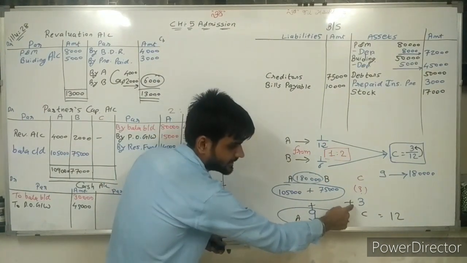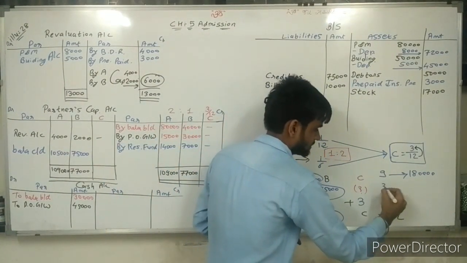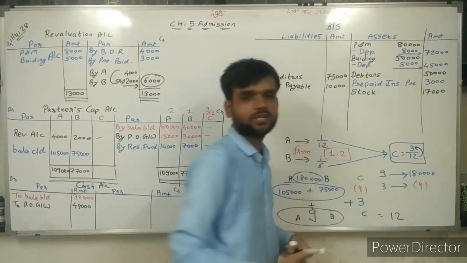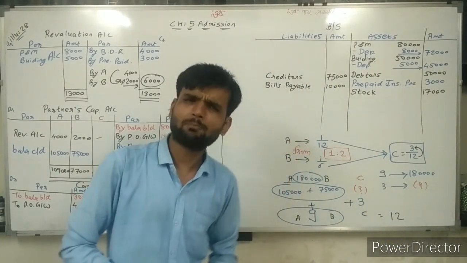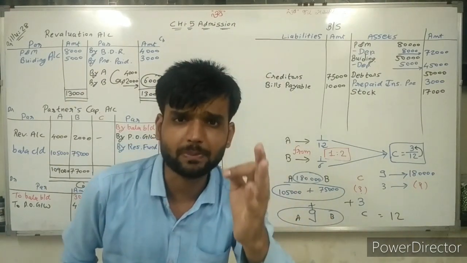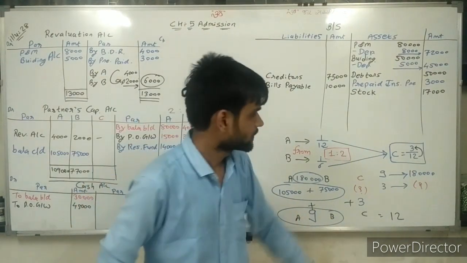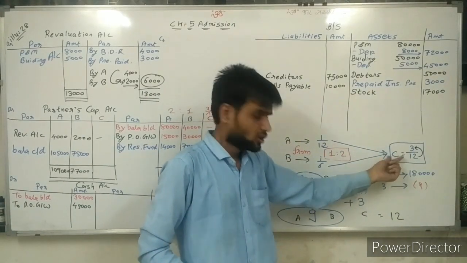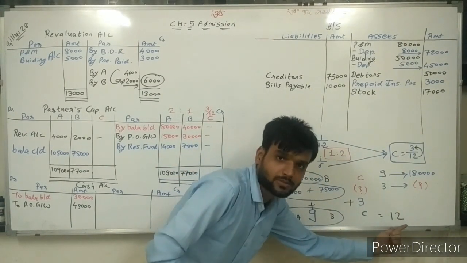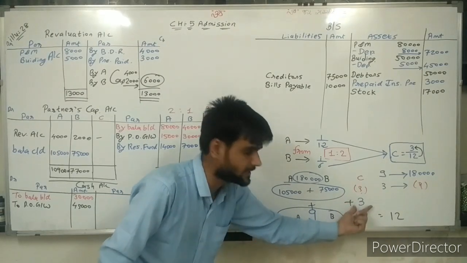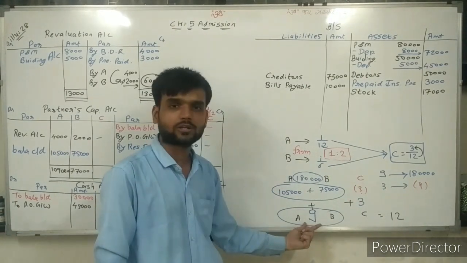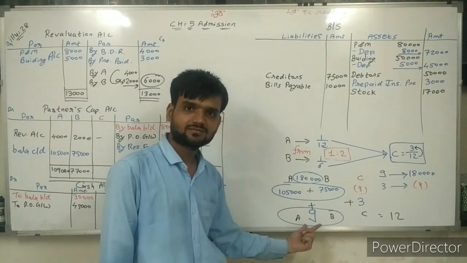So for this 3, what should be the amount? Simple one. Again I am repeating, try to understand. From 12, 3 is the portion of C. So total is 12, from this 3 is of C. It means 12 minus 3, the remaining amount is of 2 partners, 9.